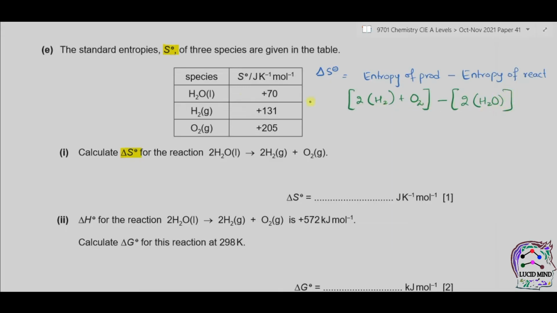Now putting the values from this table, it will be equal to 2 multiplied by hydrogen, which is 131, plus oxygen is 205, minus 2 multiplied by water, which is 70. So the entropy change comes equal to 327. It is in joules per Kelvin per mole.